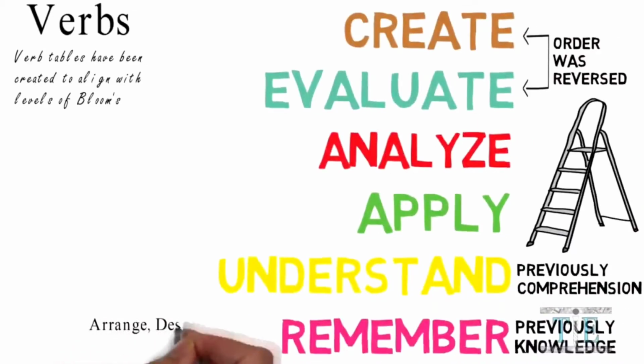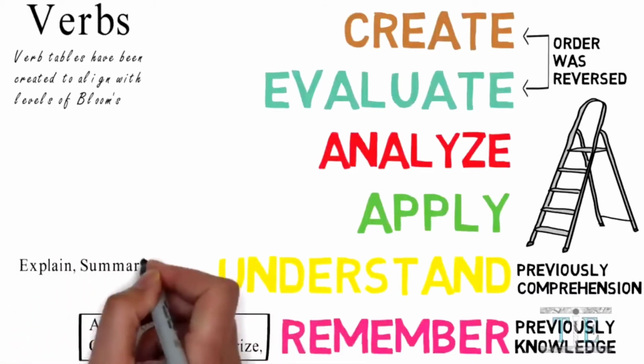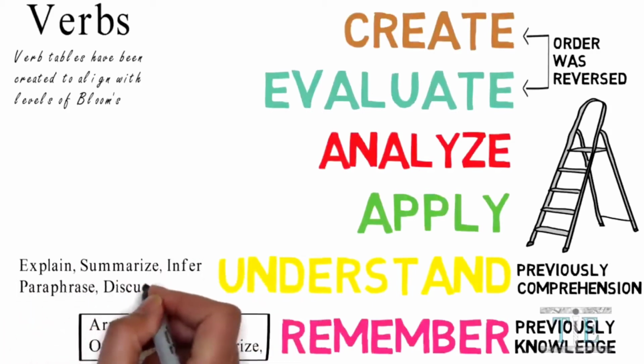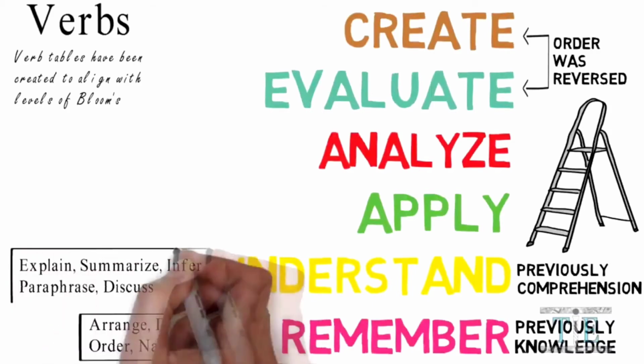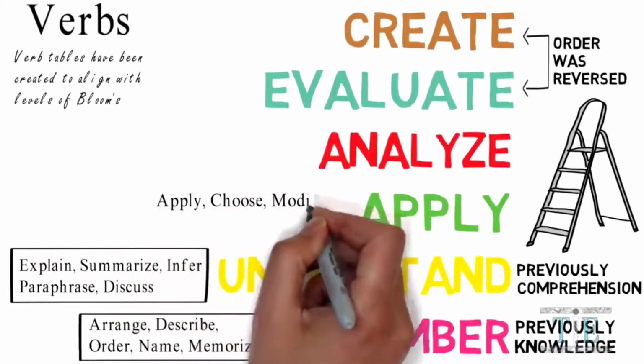Arrange, describe, order, name, memorize. Those particular verbs are used to set objectives for remember level. Explain, summarize, paraphrase, infer, discuss, are all aligned with understanding.